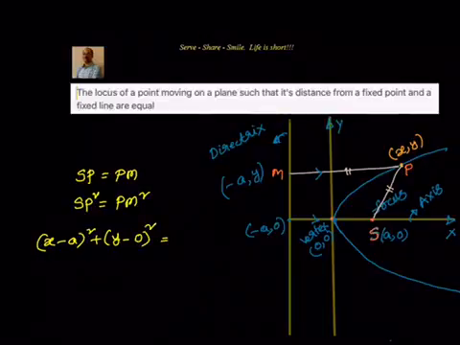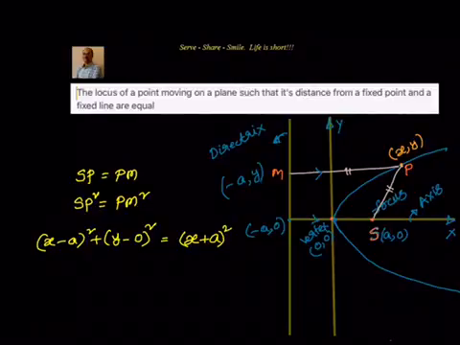The distance between P and M, it's a horizontal line. In a horizontal line, the distance is nothing but the difference of x coordinates, which is x minus of minus a, which is equal to x plus a. So PM square will be x plus a whole square.